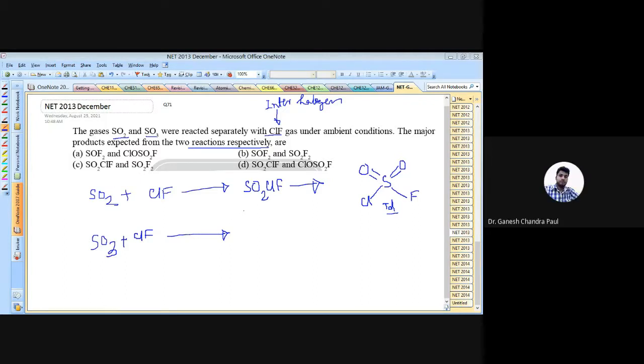Further, you just think about the next reaction. Again, as I already mentioned, you will get a kind of addition product. So you write down SO3ClF. What is the name of this compound? Anybody, tell me?